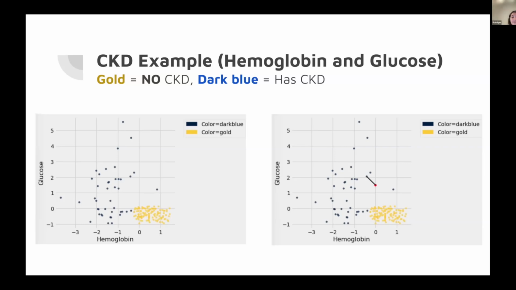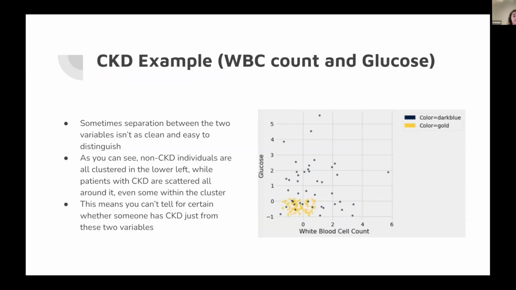But just basing it off of one person might not be enough, or just off of hemoglobin and glucose might not be enough. I wish it were that easy, but here we're going to do a separate look at patients with CKD.